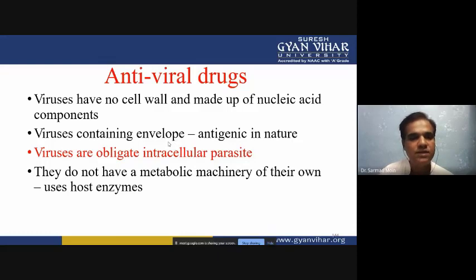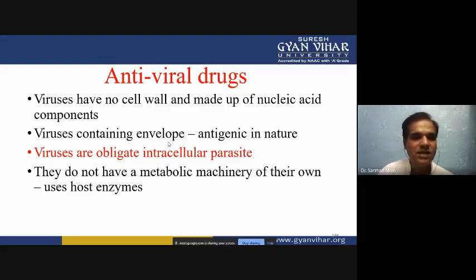So it is a very basic type of infectious molecule, and when they infect any host, only then will they be in the live condition. They hijack the cellular machinery and start replicating and transcribing their own molecules.